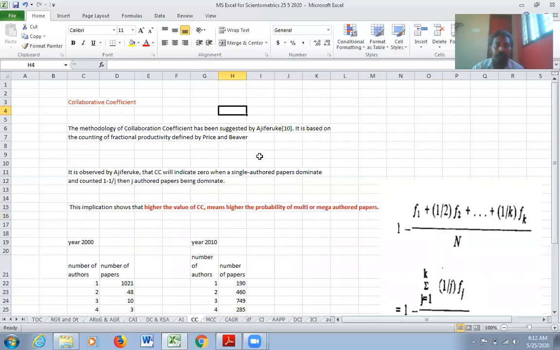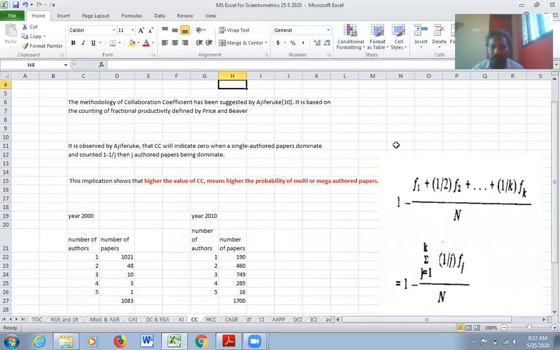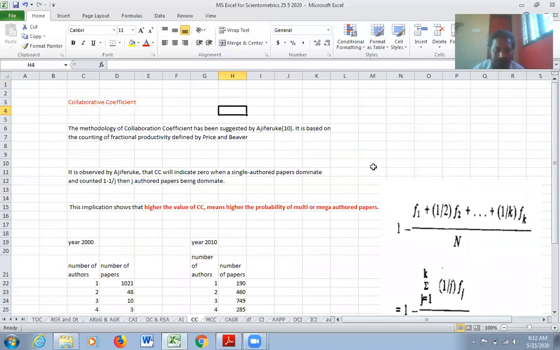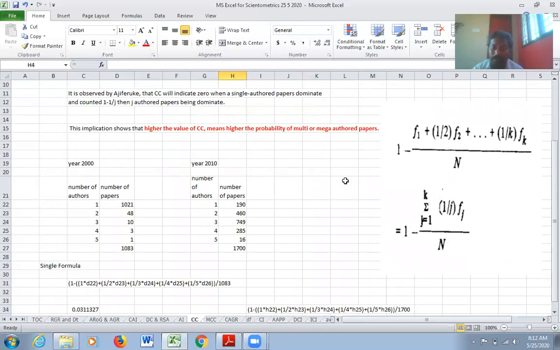Then comes the collaborative coefficient, which was invented first by Ajay Ferruke long back. This is based on the fractional weightage given to different kinds of authorship pattern. Sometimes we cannot give equal weightage to all the authors.